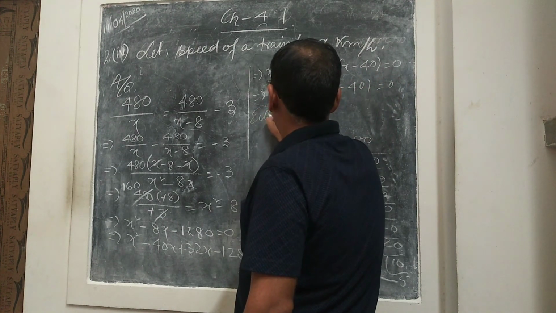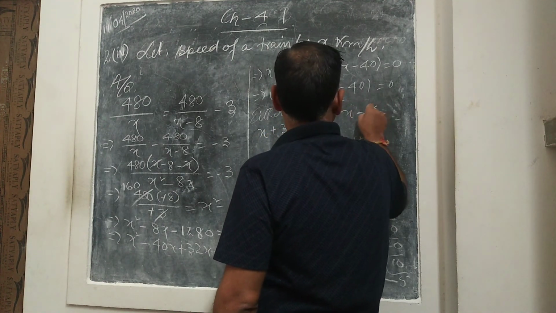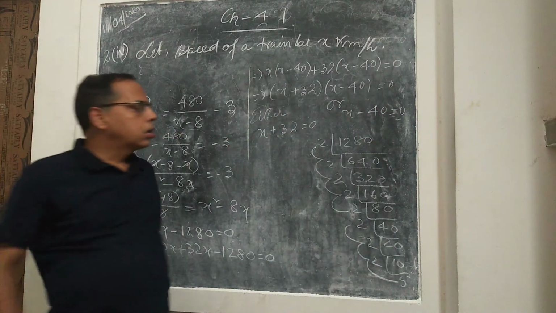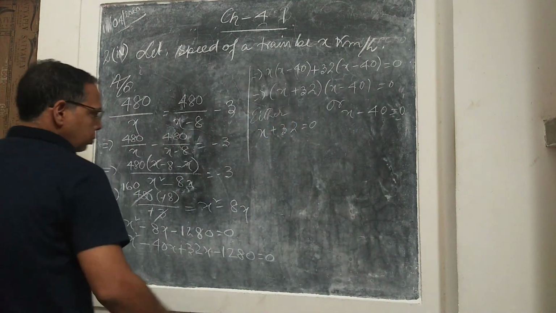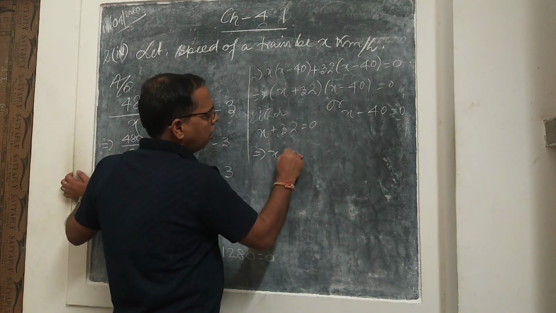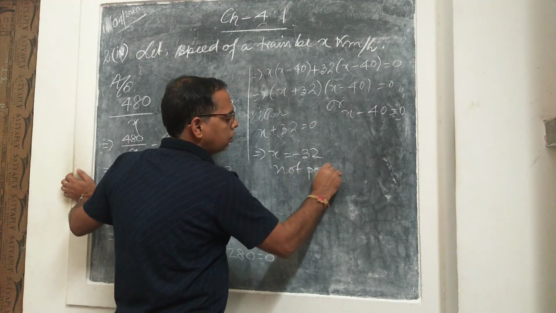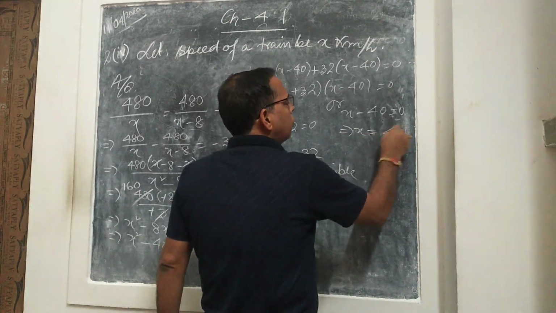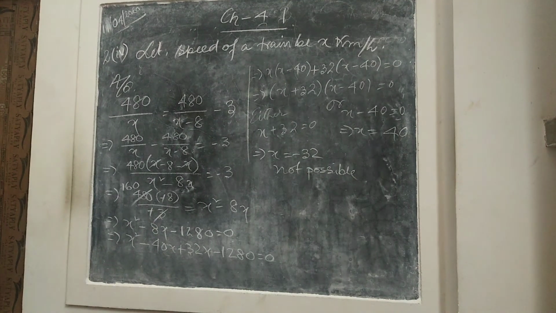Either x plus 32 equals 0 or x minus 40 equals 0. Now you know speed cannot be negative. As speed cannot be negative, x equals minus 32 is not possible. Then x equals 40. Therefore, the speed of the train is 40 kilometer per hour.